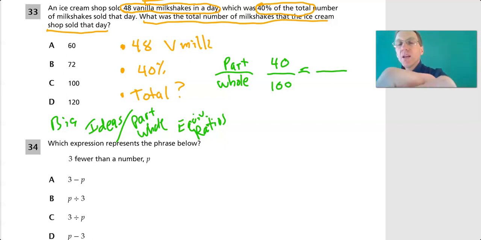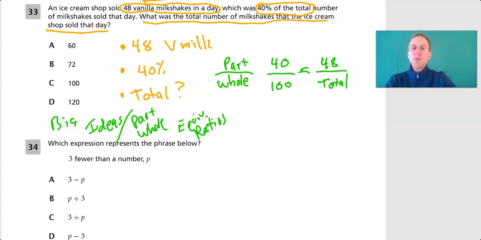So in other words, 40 is to 100, just like 48 is to the total. So now you basically just have two fractions here. You could think of it as two fractions. They're in fraction form. So now you can say, well, let's see. Let's go the easy way. Can I do 40 times anything equal 48?